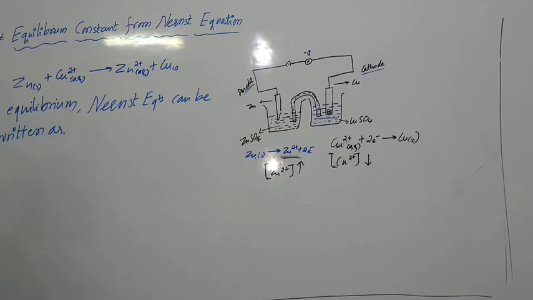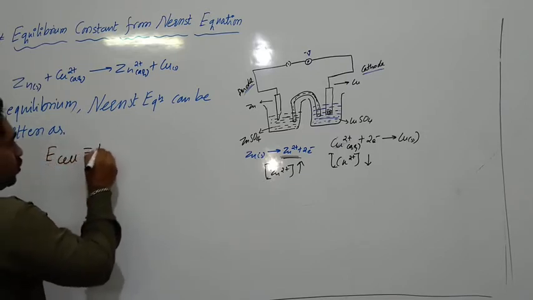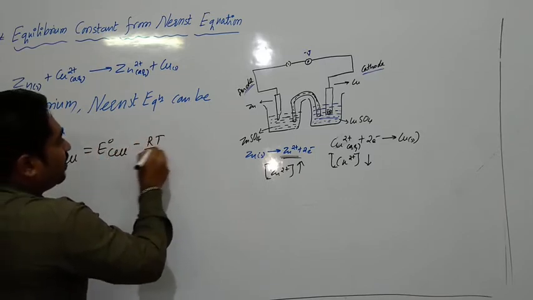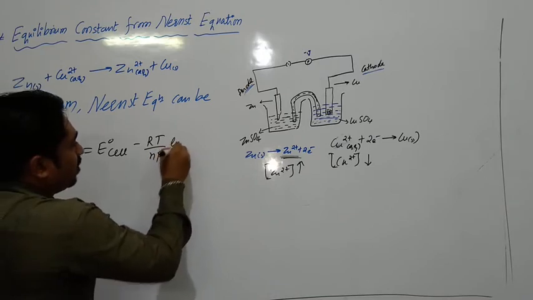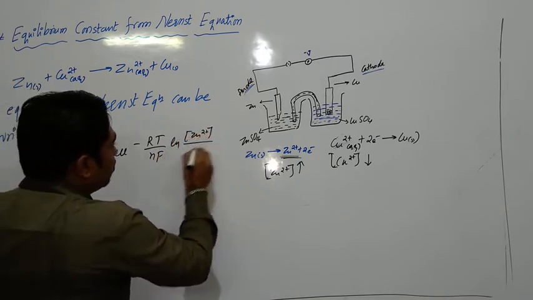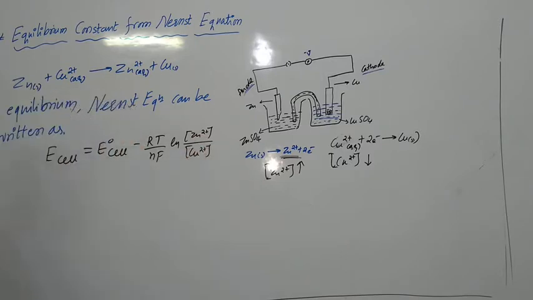So what is our Nernst equation? First let us write the Nernst equation. E cell is equal to E naught cell minus RT divided by nF ln concentration of Zn2+ divided by concentration of Cu2+ ions.